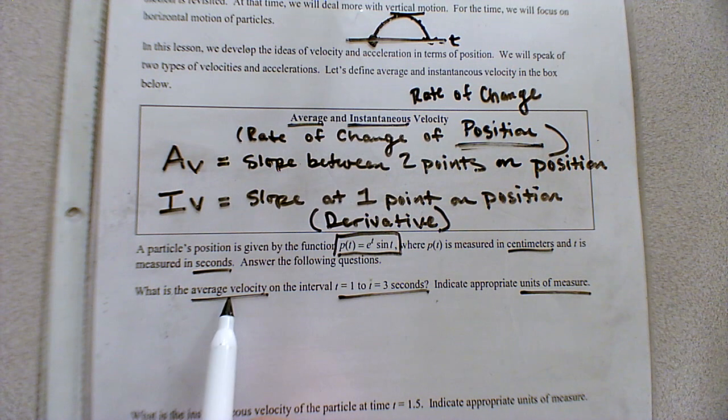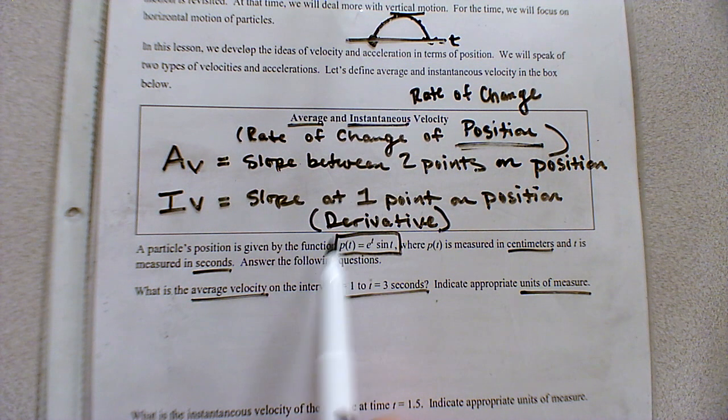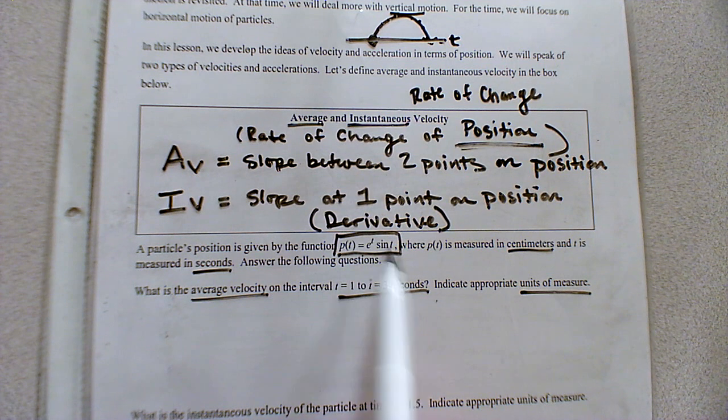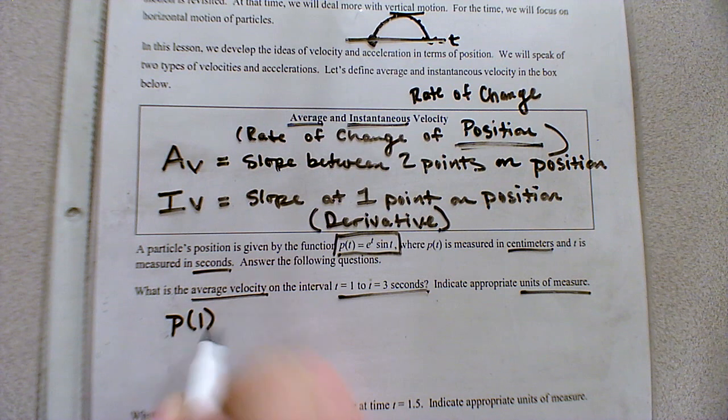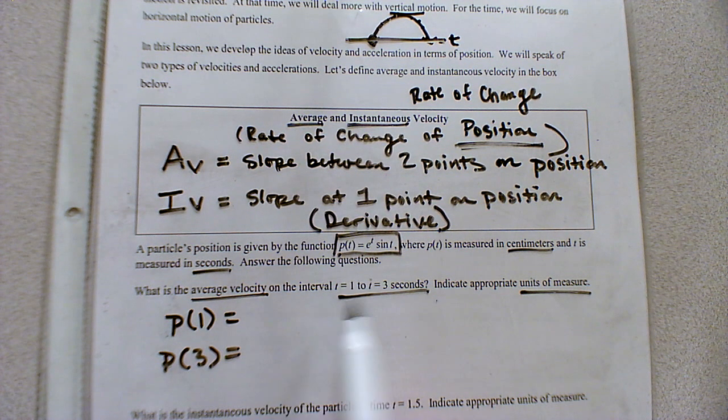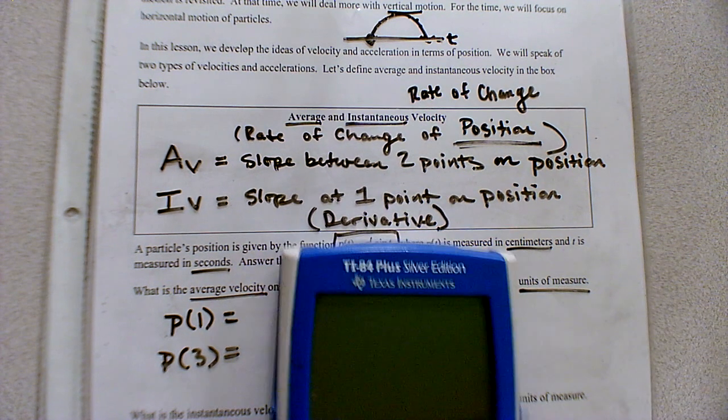So average velocity is the slope between 2 points on the position, in this case, equation. And since they're giving us those interval points, we can use those to our advantage. So slope between 2 points, we're going to need x values and y values. We already have the x or t values given to us, so let's go ahead and plug in 1 and 3 to get our y values.